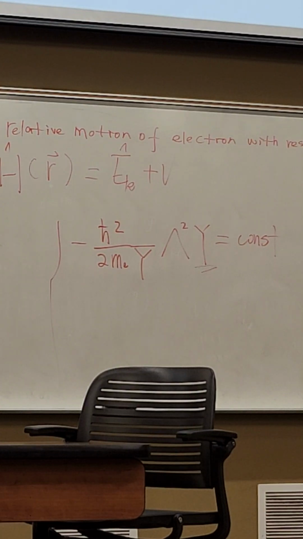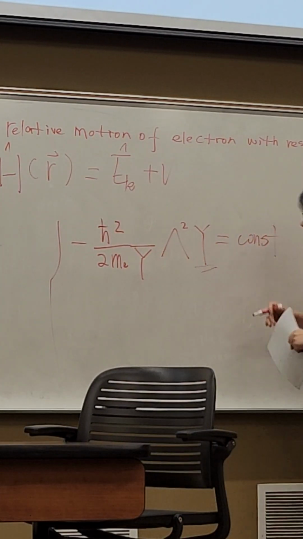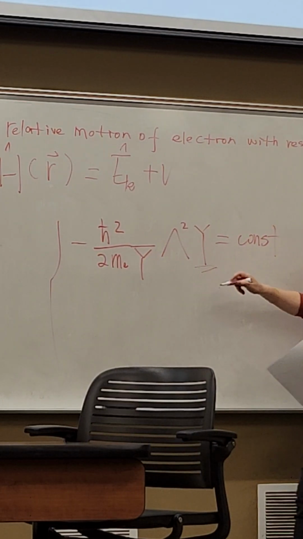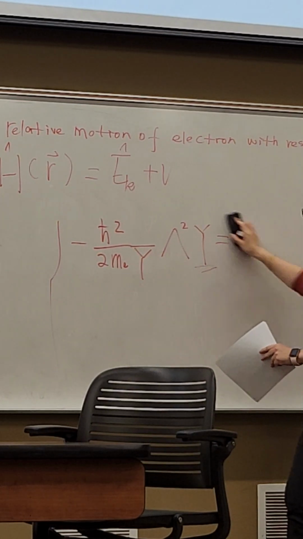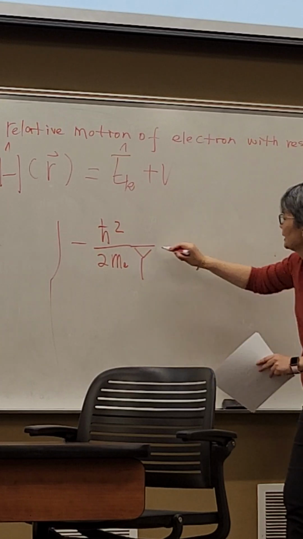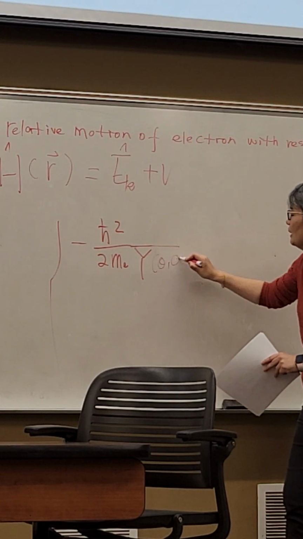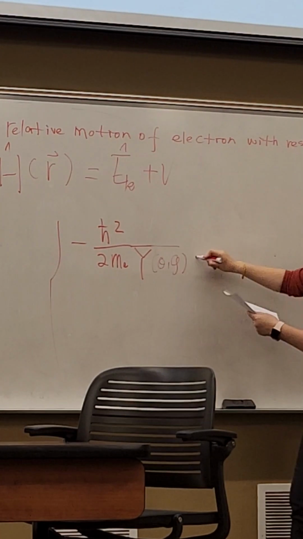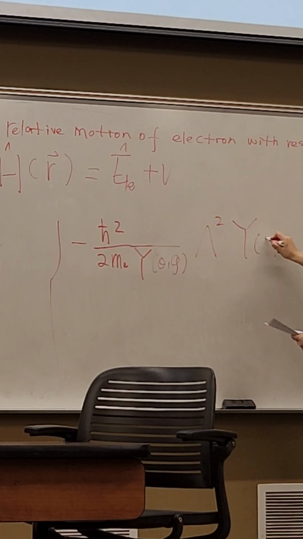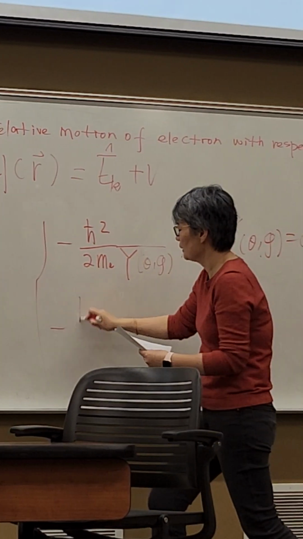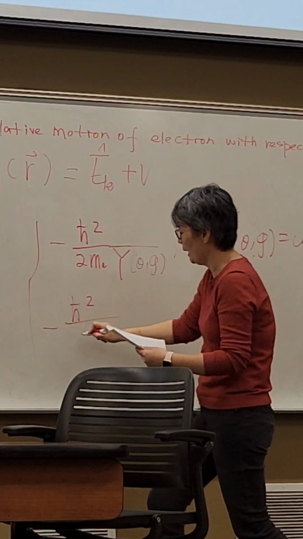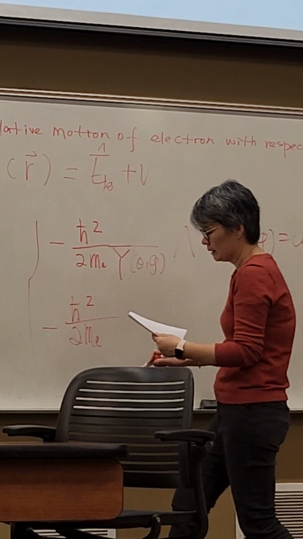This side I just wrote in the y, this side I just wrote in the r. I didn't carry the y, if I really want to write it out. Maybe I will. Just regarding the theta and phi, and then I have other components that are related with the radius part.